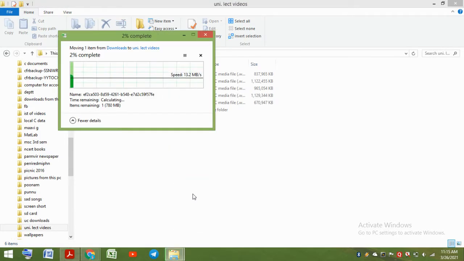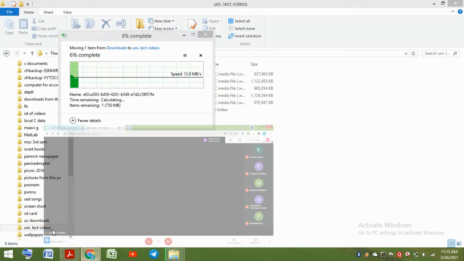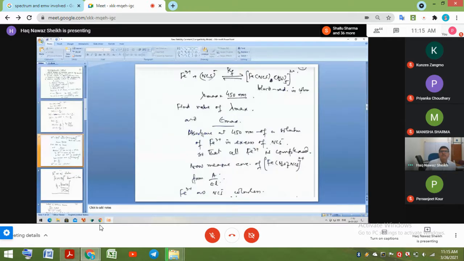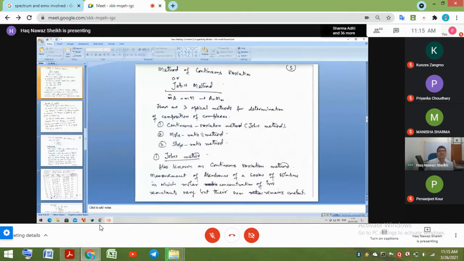So this is stability constant we were discussing. This is the spectrophotometric determination, and we were discussing Job's method.